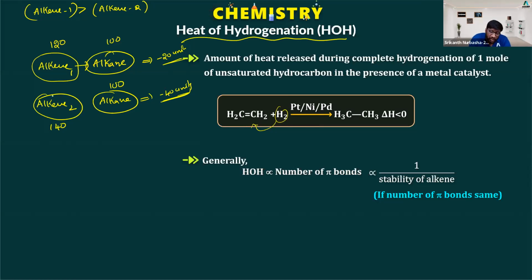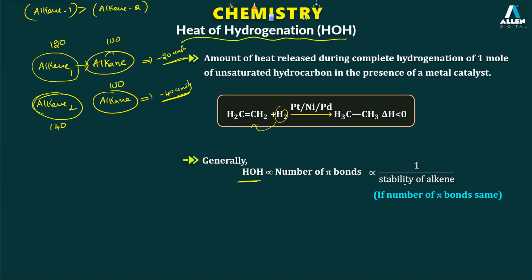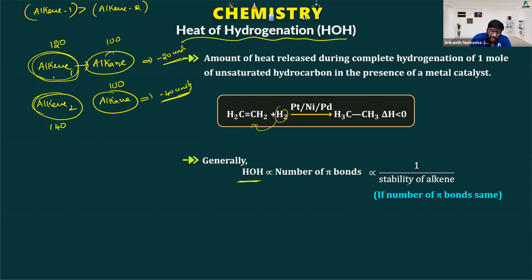Understand the scenario now. When you are producing the respective alkane from unstable alkene, heat of hydrogenation will be high or low? High. Heat of hydrogenation and stability of alkene are inversely proportional. So if alkene is stable, like alkene 1 you have taken, heat of hydrogenation is low. Unstable alkene 2 you have considered, heat of hydrogenation is high. Understood now?